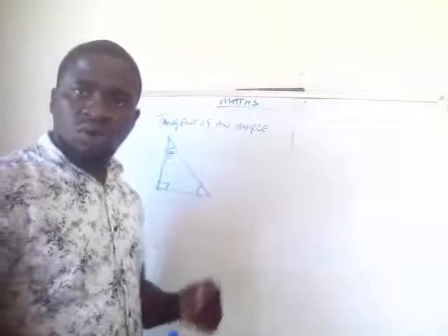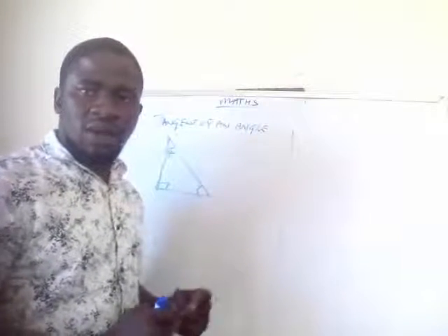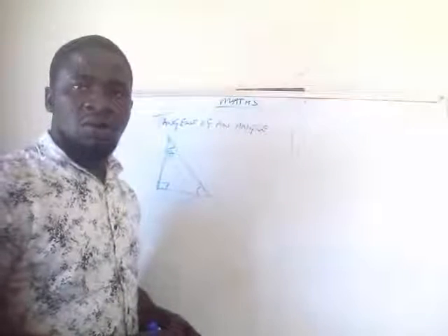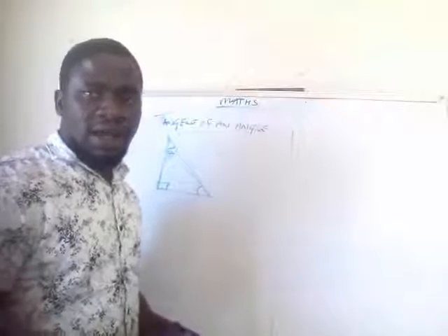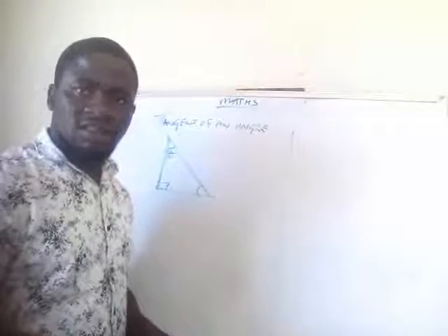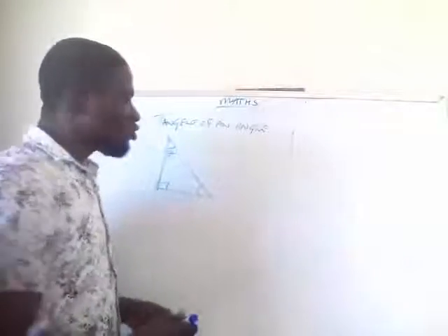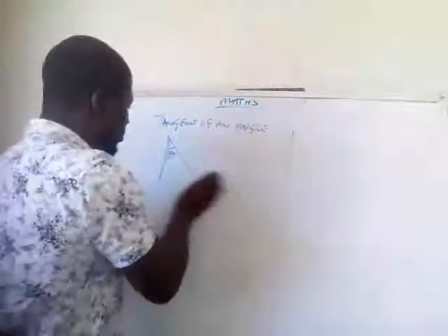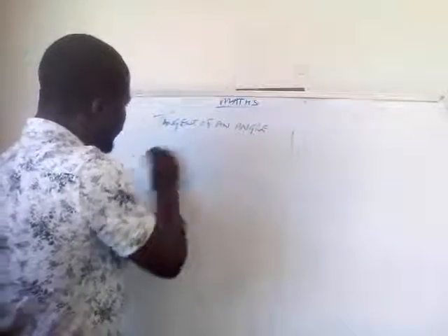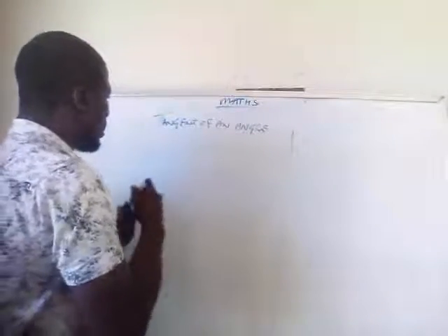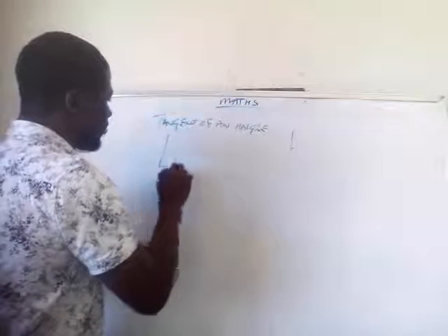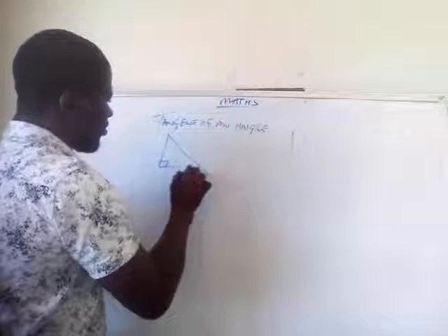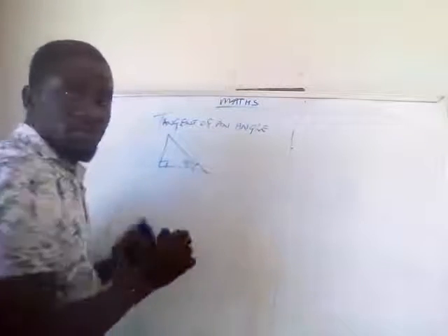So, for you to solve a right angle triangle using tangent, finding an angle using tangent, you have to always remember these two things. Here is 90, you have theta here.